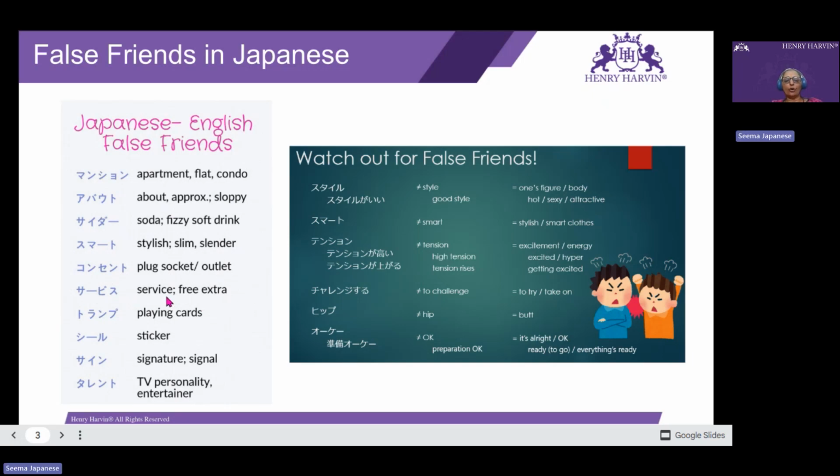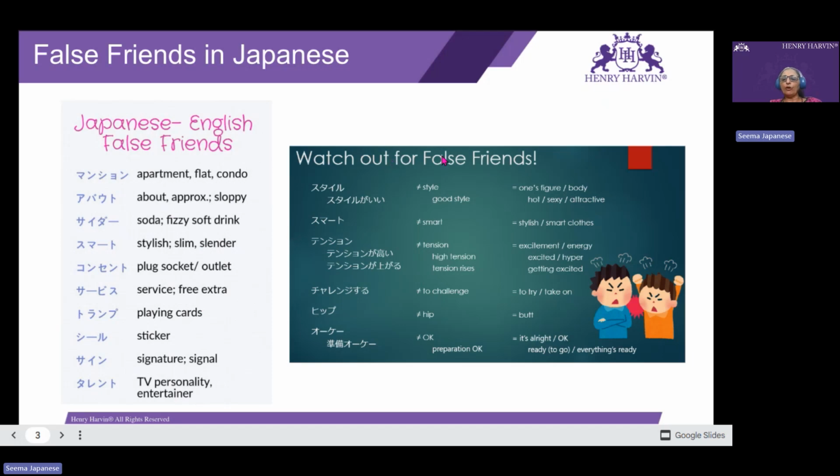Service, or free extra. Torampu means playing cards. Sticker means sticker, sign means signature or the signal. And tarento is the television personality or entertainer. So these are obviously English false friends. The word is something else, and we need to work out the meaning. So we need to learn all these words.